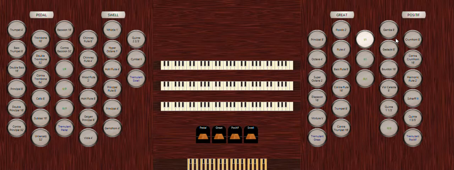Let us move on to the positive division. How about we have here an 8-foot gamba. Once again, pretty quiet. Here we have 8-foot Crumhorn.